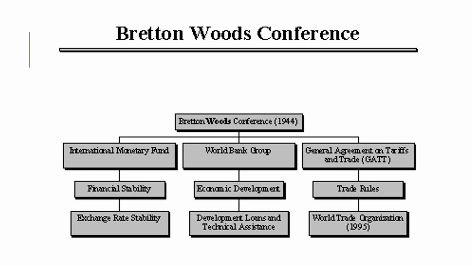Now, we gave an outline in the previous slide. The Bretton Woods Conference established three structures which would basically control capital flows and trade. The International Monetary Fund was responsible for financial stability and mainly exchange rate stability. The World Bank Group was responsible for economic development, and at first it was developed to support European states after World War II.